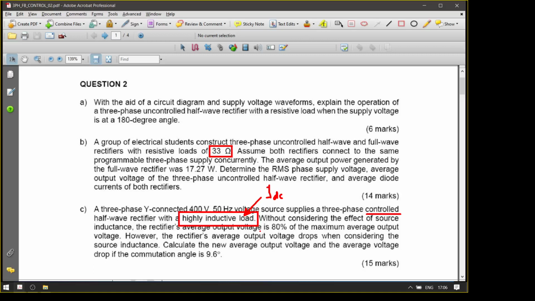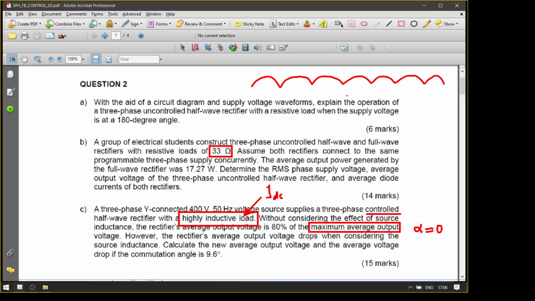So you can calculate the maximum average output voltage. How to get the maximum average voltage? This is the condition whereby alpha equals 0, because when alpha equals 0, you have a nice 6 pulse output voltage. This is the maximum average voltage that you can get.